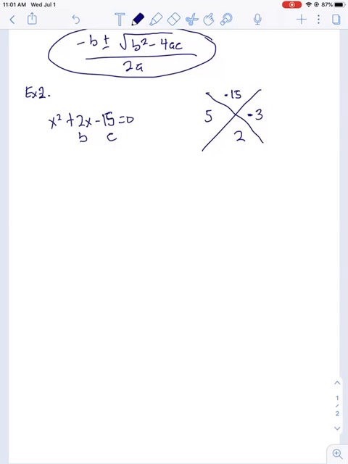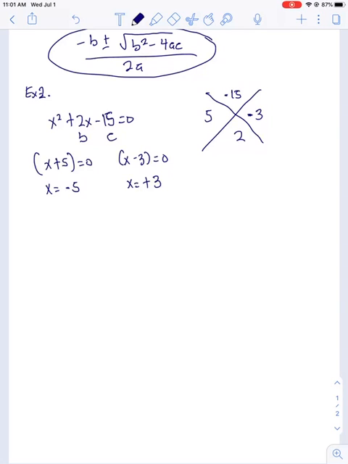So in this instance, we're going to do x plus 5 equals 0, and then we have x minus 3 equals 0. And by solving for x, it's going to be -5 on this side, and x is going to be +3 on this side. So that's the simplest way to solve this type of problem.